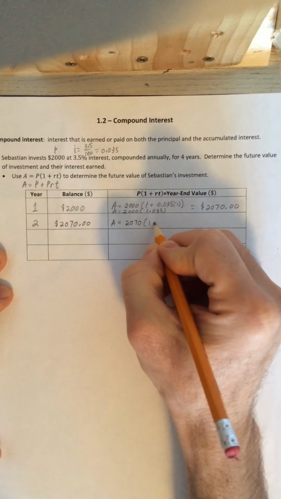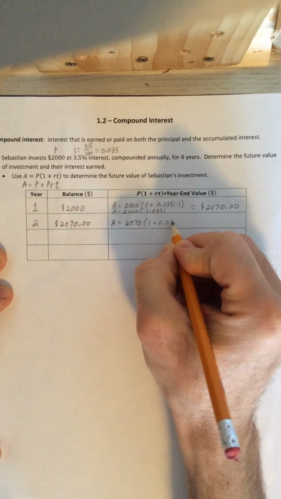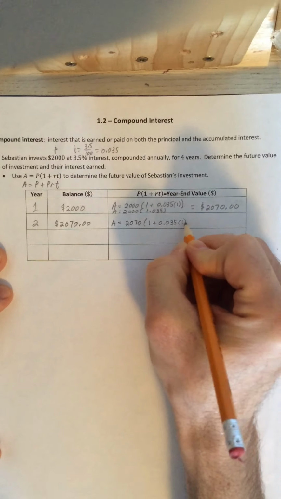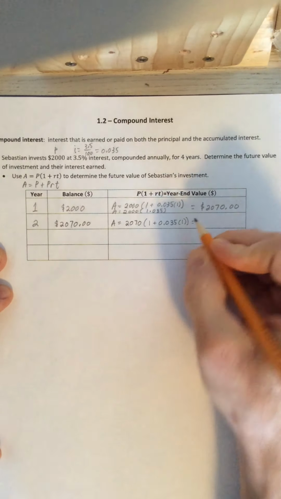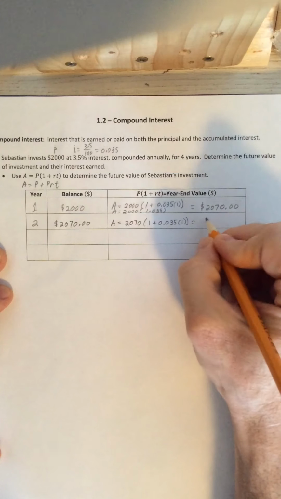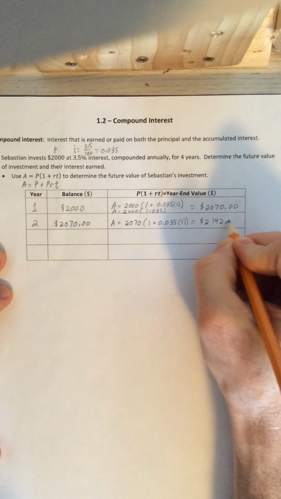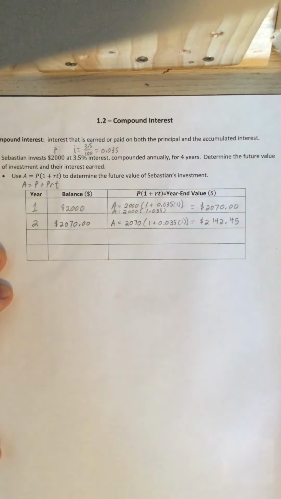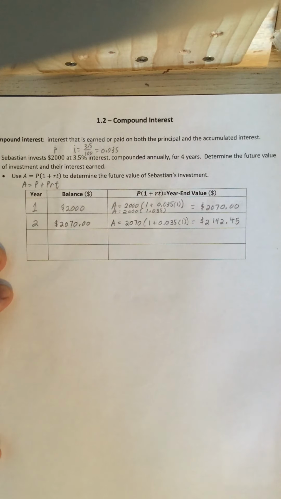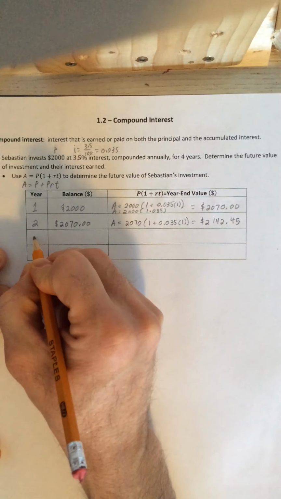Everything else will stay the same. So we still have the exact same interest rate and it's still only going to be invested for a year. Now if you multiply this, you're going to get $2,142.45. So this $70 has also earned some interest, 3.5% interest for him, which increases the value of his investment.